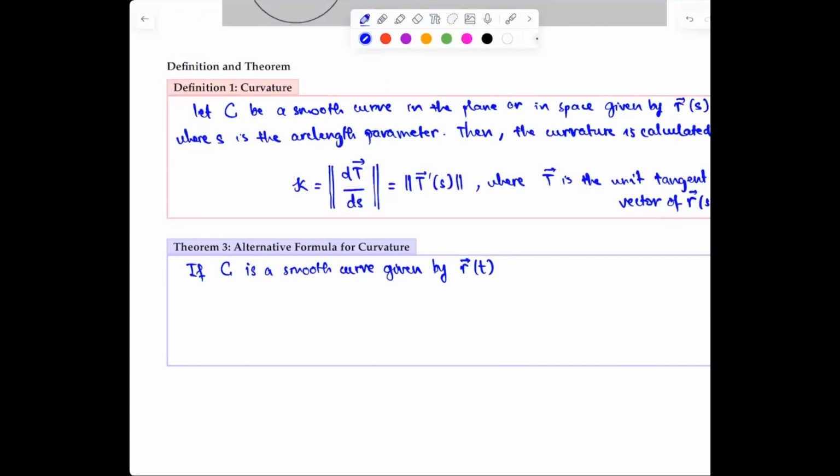But now the formula we're going to use will depend on the parameter t, so we're going to write the vector valued function in terms of t.